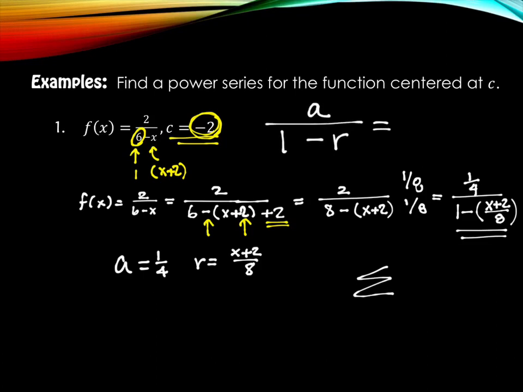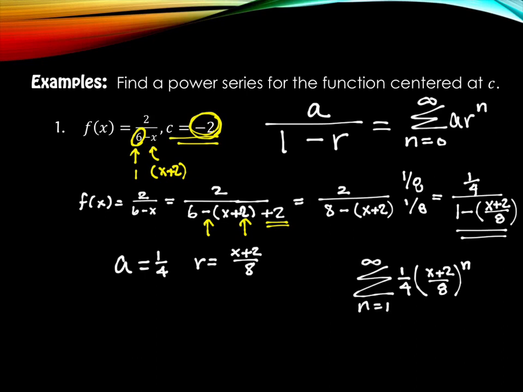This needs to go back to being correspondent to a, the sum from n equals 0 to infinity of a r to the n. Okay? So the a value, 1/4, goes at the beginning. The r value, the x plus 2 over 8, goes next to the power of n equals, not 1, sorry, 0. N equals 0 to infinity. There we go.